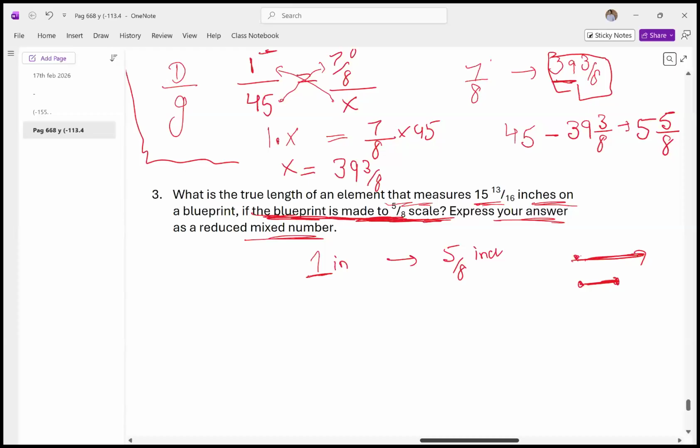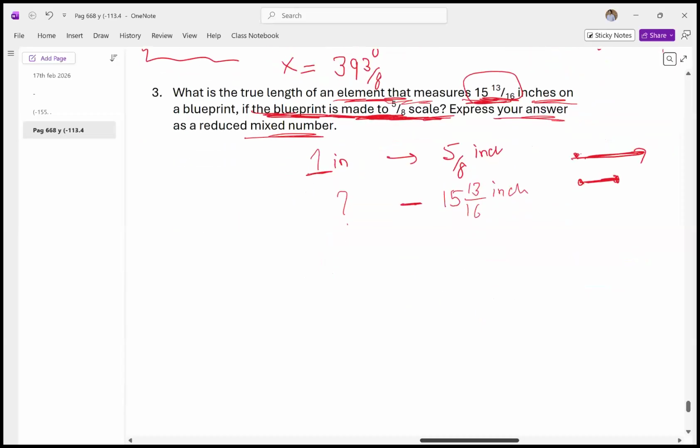That's what it means. Now, what is the true length of the element that has been measured as 15 13/16 inch? That's what I'm trying to find out. So I will write it as true length, and this one is scaled length.